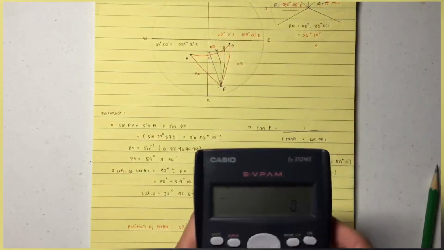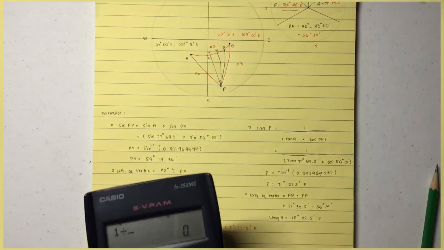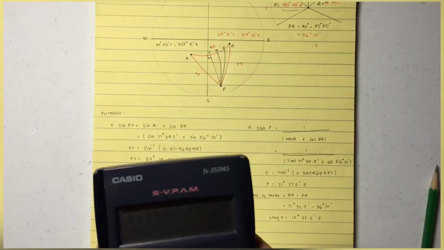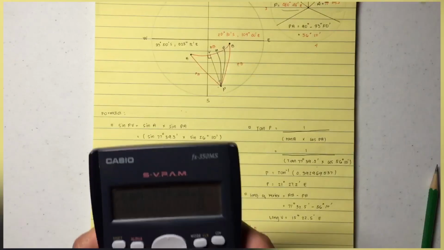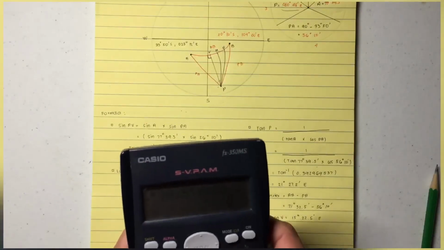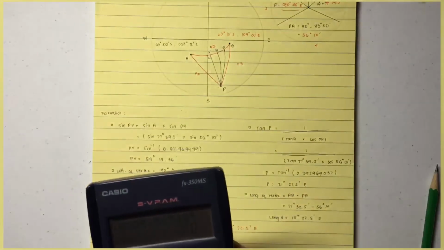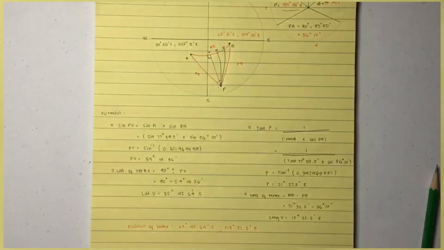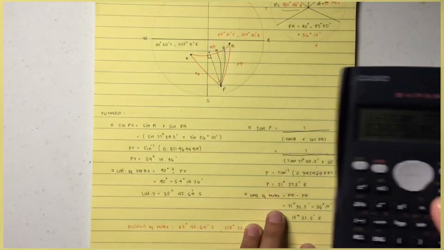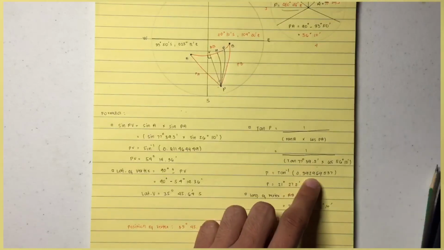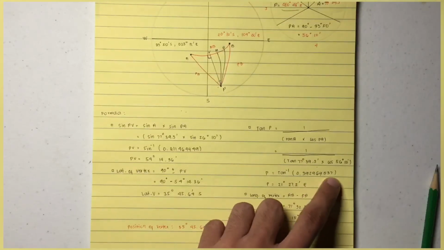So we operate this in our calculator: 1 divided by open parenthesis tangent 77 degrees 39.5 minutes multiplied by cosine 56 degrees 10 minutes, close parenthesis. So we arrive at this value, 0.392969537.